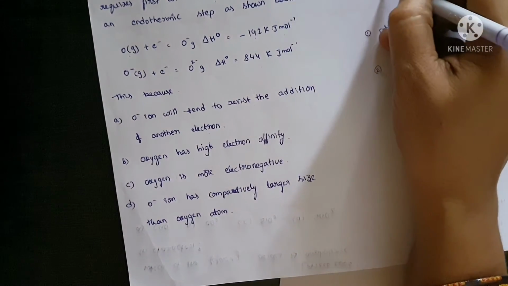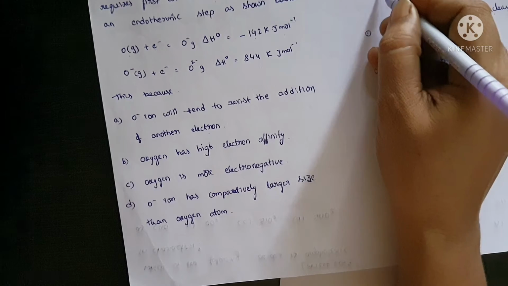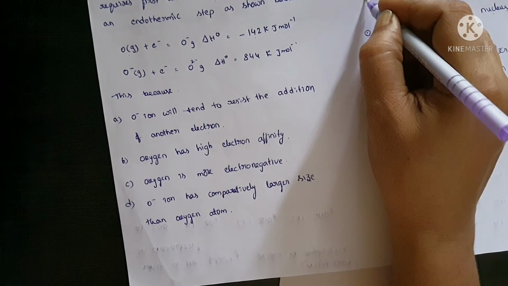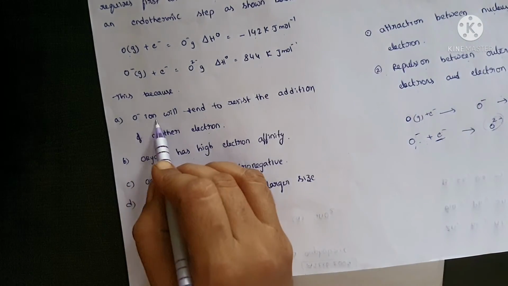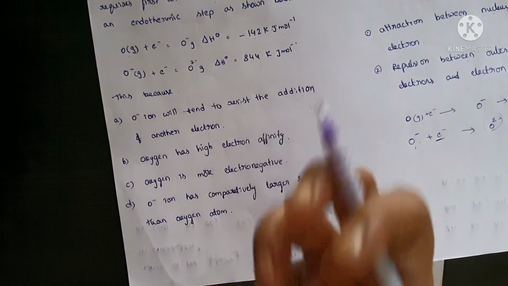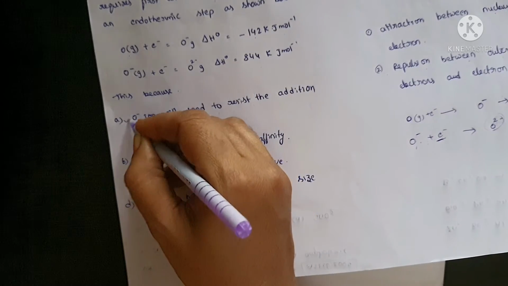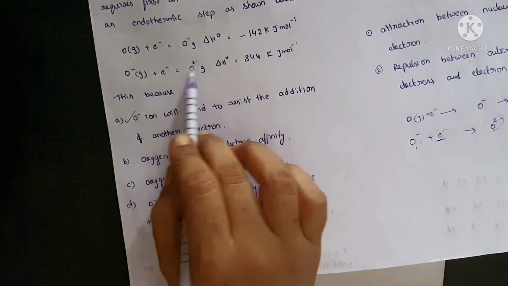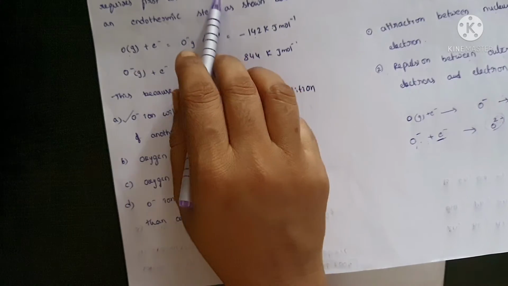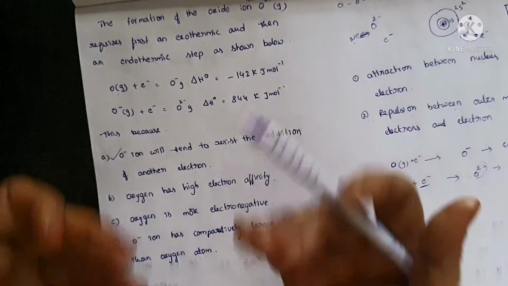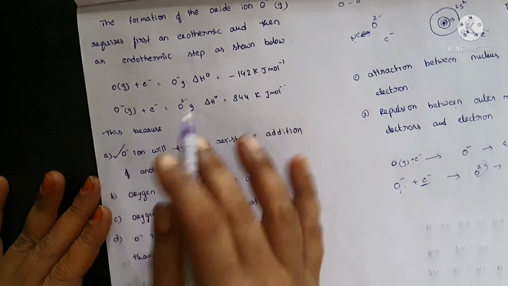Whenever oxygen gets 2 electrons, the electronic configuration equals neon. That's why the second reaction is an endothermic reaction and the first reaction is exothermic, releasing energy. So option A is correct.